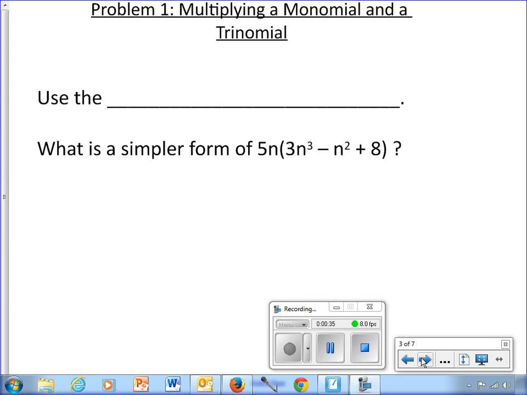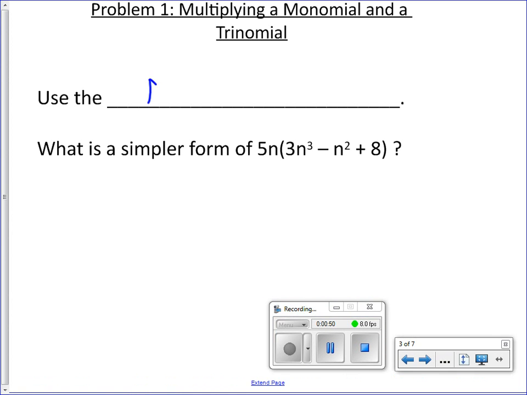Problem 1. We're multiplying a monomial, which is a single term, and a trinomial, which has 3 terms. To do this, we are going to use the distributive property.